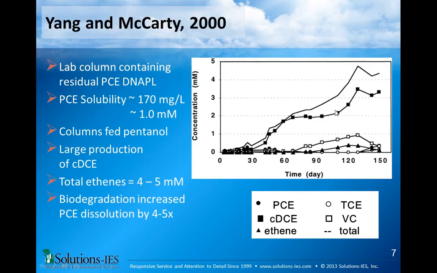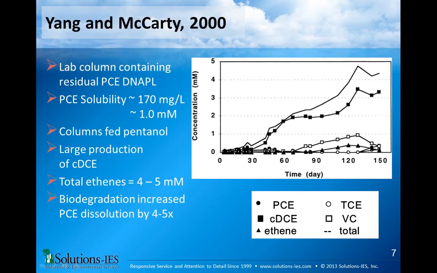Okay, how does that work? This is some lab studies from Perry McCarty and one of his students, Yang. And what they did is they took a laboratory column and they put little droplets of pure PCE in it, and then they pumped, I think in this case it was pentanol, through the laboratory column, and they bio-augmented it, and they monitored. And what you see here is you start off, concentrations are low.